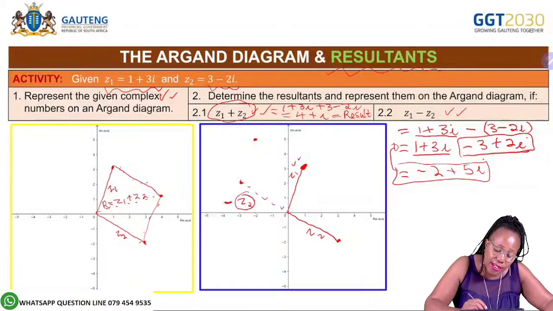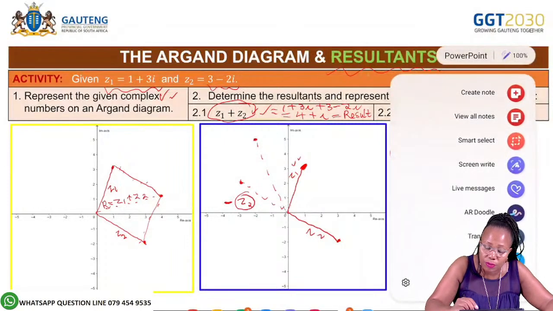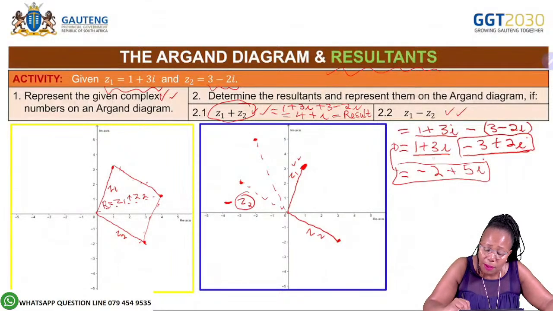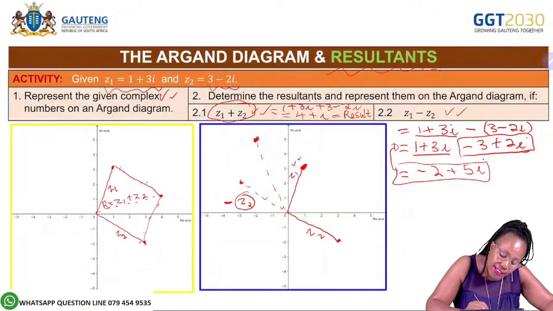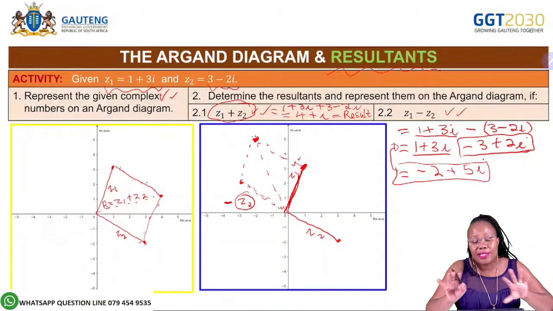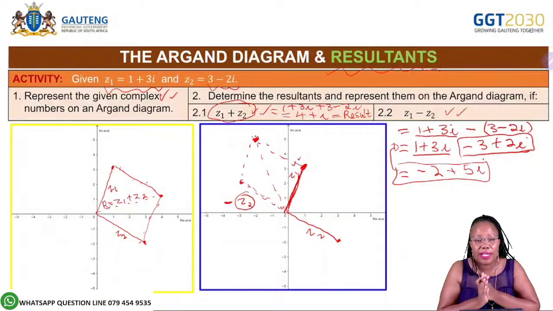Okay, and then now if we bring in the resultant, this is our resultant where we have minus 2 plus 5i, minus 2 coordinating with 5i. Can you see now this distance here? It is exactly the same as the Z1, and then this one here is exactly the same as the minus Z2. So that is how you do them differently, grade 12.